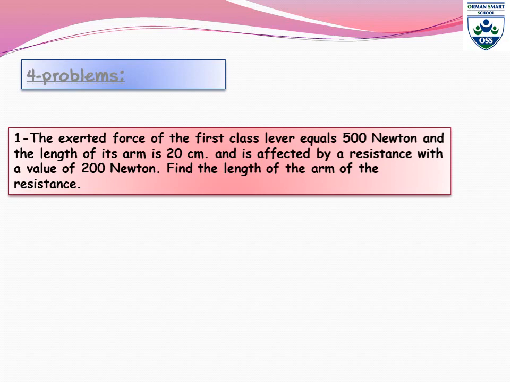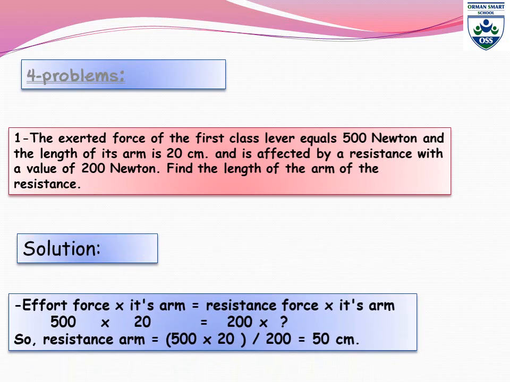Find the length of the arm of the resistance. Solution. According to the law of lever, effort force times its arm equals resistance force times its arm. So the resistance arm equals 500 times 20 divided by 200, which equals 50 centimeters.